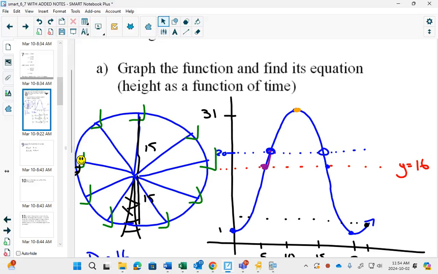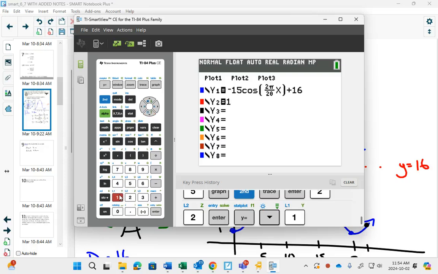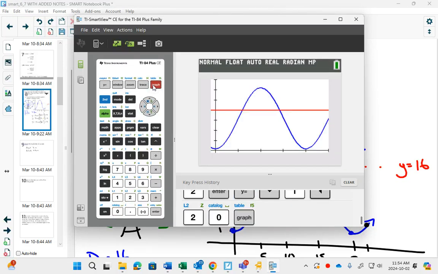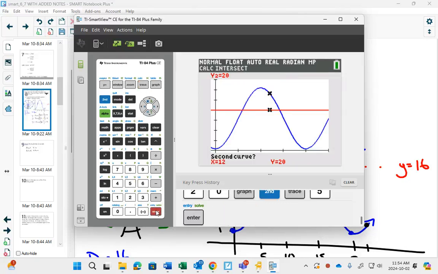If you wanted to find it exactly, you'd have to go to y equals in the second one. What number did they want me to check? 20. I type in 20, that draws that straight line, and then I calculate where they intersect. Enter, enter, enter. 14.14.